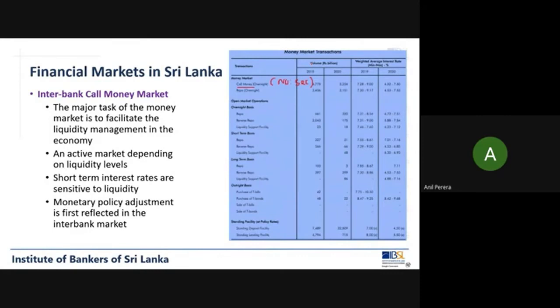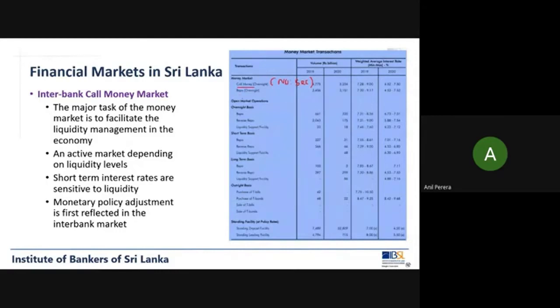That market is purely based on trust among banks. Only a few banks are operating, and you have 100% confidence in the banks, because if you don't maintain the confidence in the market, you cannot survive. So in the call market, only the interest you pay, no securities deposited.